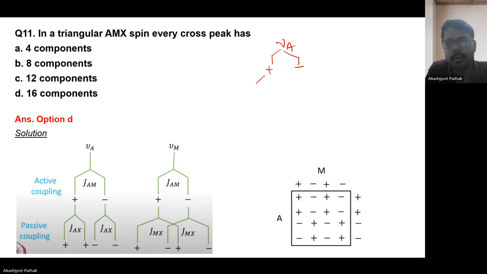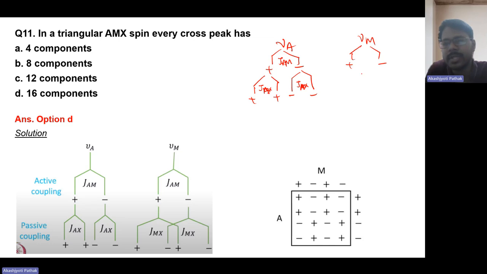Then each will be split again into two by the X spin, so we will have plus plus minus minus. For example, if you are considering the AM spin cross peak, this is JAM, and this is JAX.